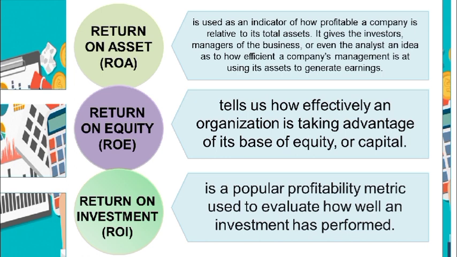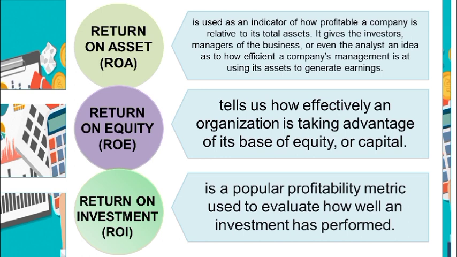It gives the investors, managers of the business, or even the analyst an idea as to how efficient a company's management is at using its assets to generate earnings. So in short, return on assets tells us how effectively a company is taking earnings advantage of its assets.